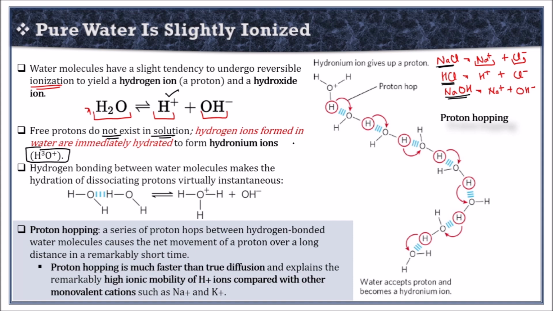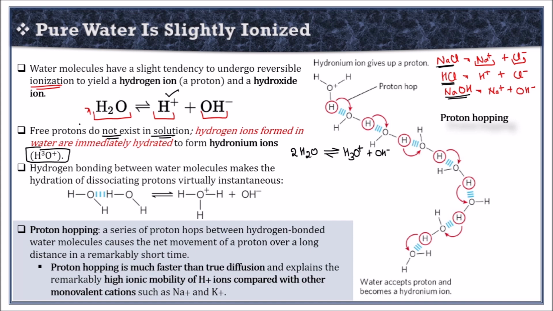Okay, allow me to write the equation. 2H2O will give you, because now we need two water molecules, so when one water molecule breaks and releases this proton, it will bind with another water molecule and form a hydronium ion, and what is left is a hydroxide ion. So this is what is happening inside water. Okay, a few of the water molecules break into ions, and how many water molecules break into ions, that we can find out, and that we will discuss in later slides.